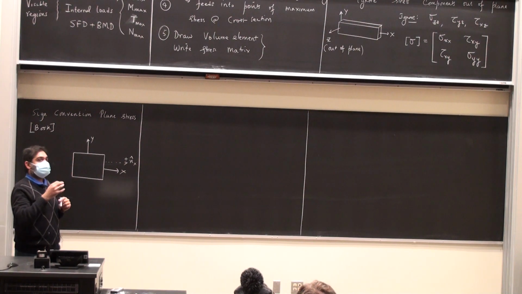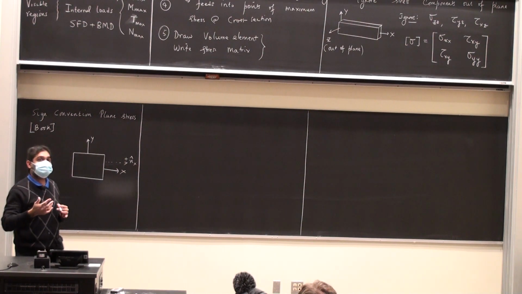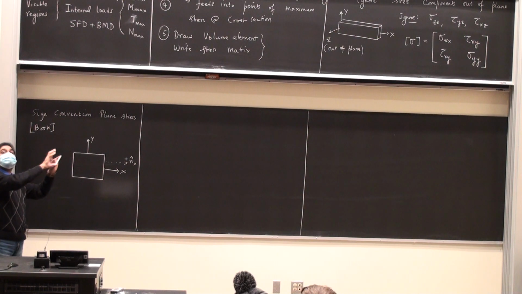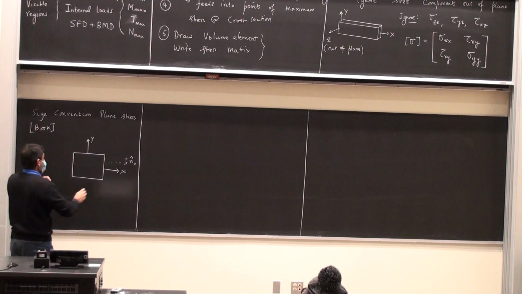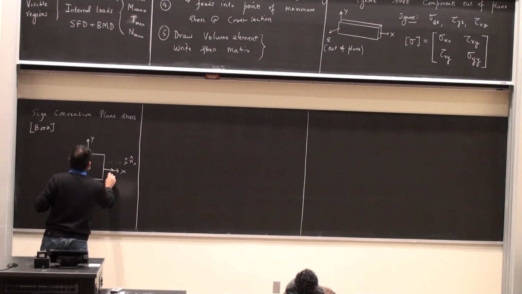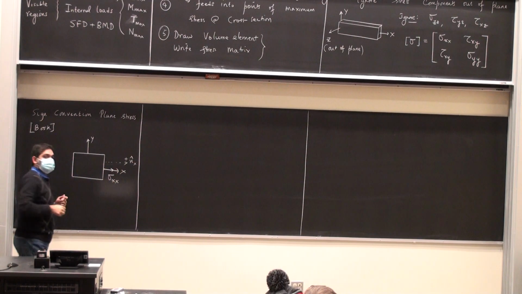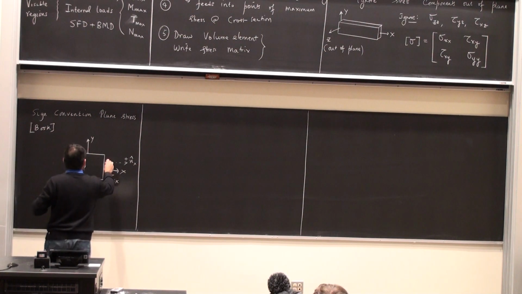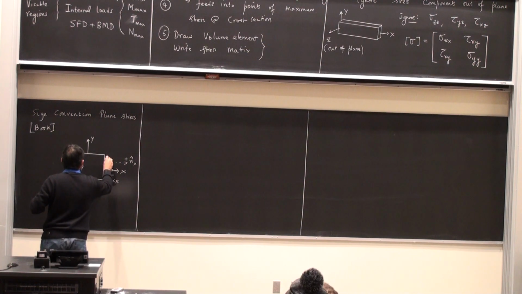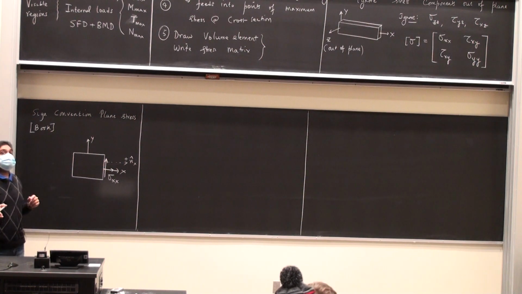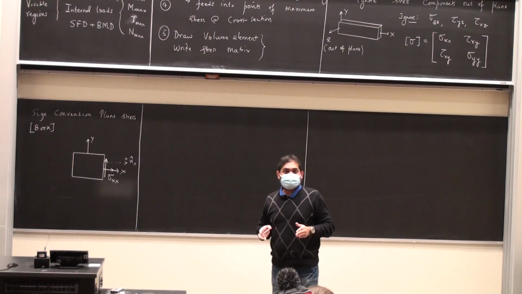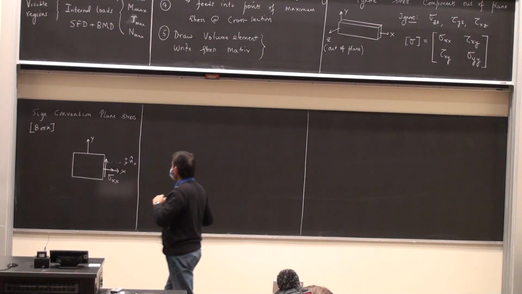Then, if that is the case, according to the sign convention for the stresses, all the stresses must be pointing along the direction of the positive axis. So I'm going to have sigma xx pointing along the positive x-axis. Tau xy will be pointing up, as opposed to what I had drawn previously, which is also completely fine as long as you stick with one particular convention or the other. So in this case, tau xy is pointing vertically up.